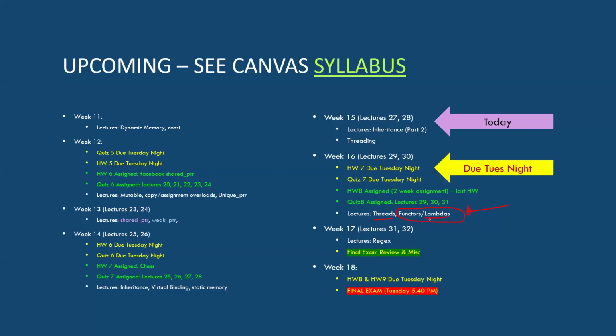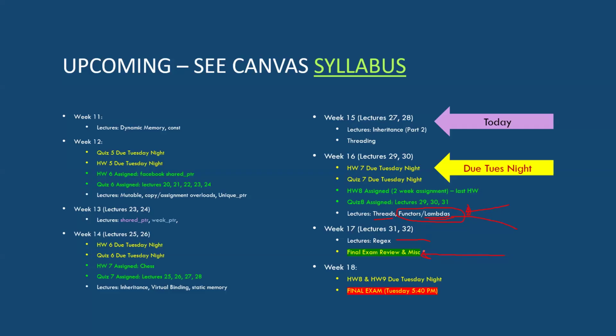In particular, we'll look at lambdas, which are almost like a language inside of C++. They're like the latest new thing, these little mini functions that you can write in one line of code. All the languages are doing it. All the cool languages are doing it, so C++ does it too. We'll look at those things toward the end of next week. And then we'll look at regex, which is another language that everybody should at least know what it is.